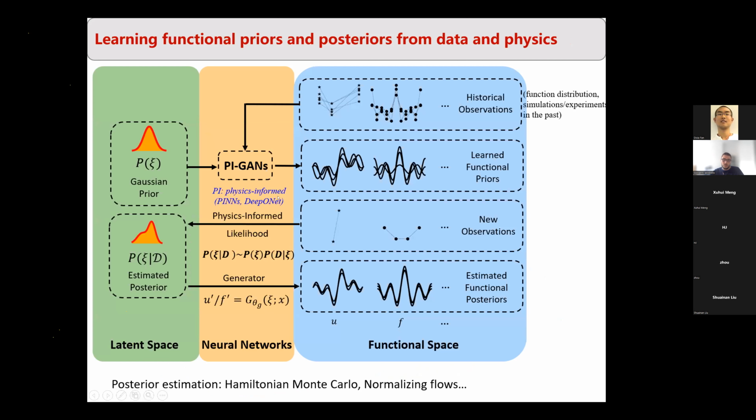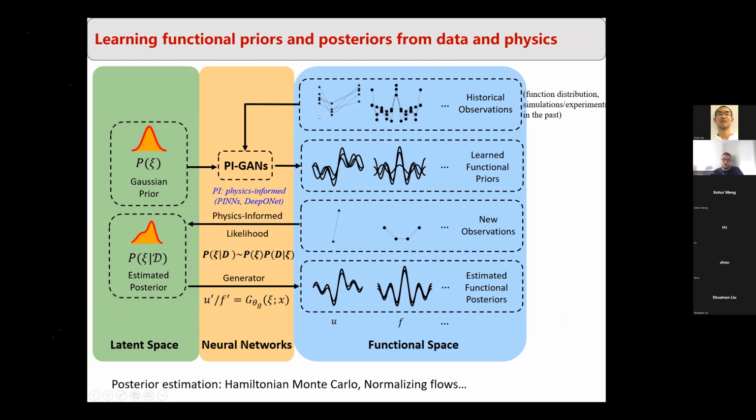So this is a framework we propose to quantify uncertainty in function approximation, forward and inverse PDE problems, and also the neural operators. If we have a specified function distribution or simulation experiment data from the past, we will call it historical data.